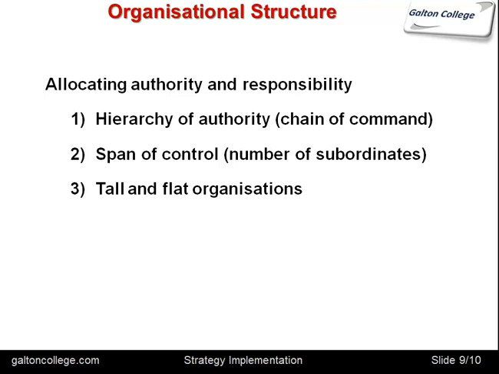So the delegation starts there, going to perhaps functional area heads, and they are delegated then with all sorts of responsibilities, from employment, training, health and safety, quality, all sorts of issues go through those functional heads.